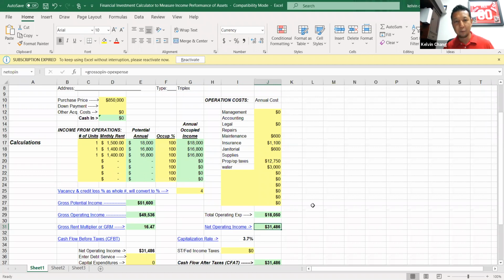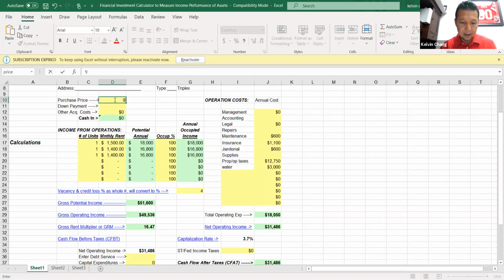This is the time where now I'm going to do my analysis for my income property. And I am going to go ahead and plug in the numbers that are given to me, which I know are factual and accurate. This is going to be a sales price. I'm putting $985,000 as my asking price. My monthly rents for these 3 units, I got to get my notes.